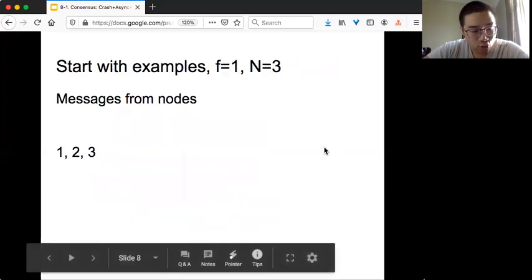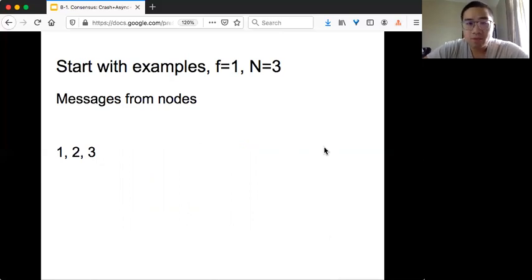One mistake I usually find with new students is that you directly jump to the conclusion, playing with these two numbers, n-f and n strictly greater than 2f, but you don't really have intuition.